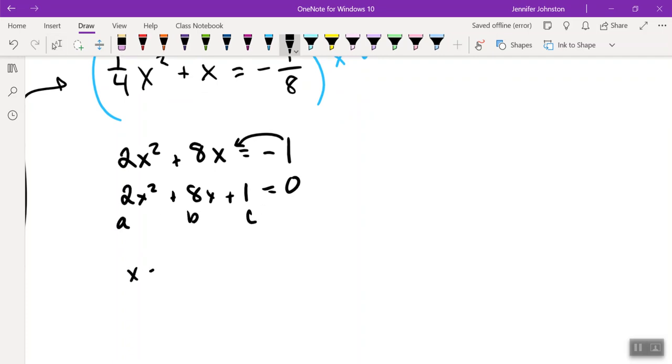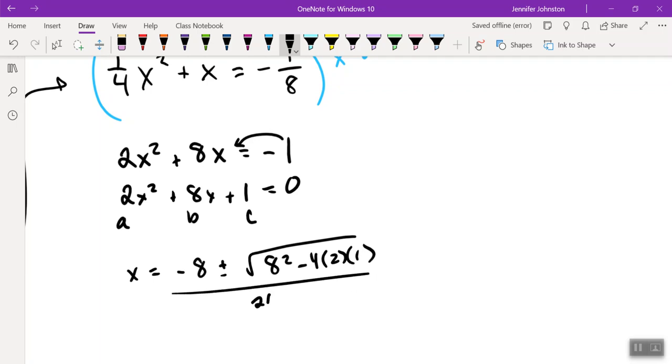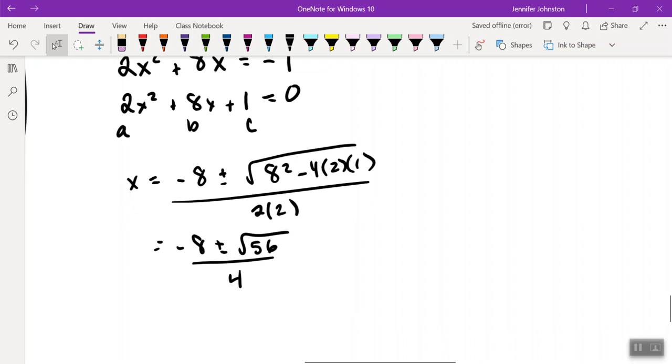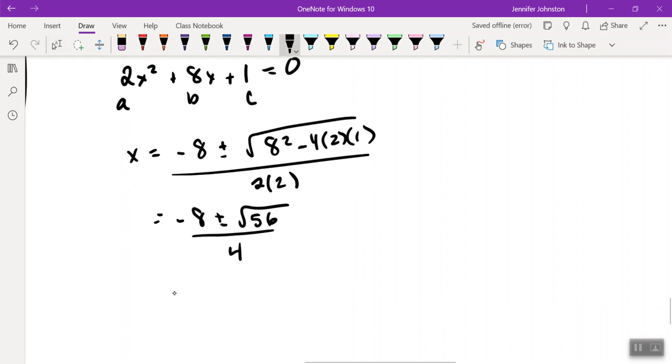So we've got x is equal to negative 8 plus or minus the square root of 8 squared subtract 4 times 2 times 1 all divided by 2 times 2. And this gives us negative 8 plus or minus the square root of 56. All right, 56 can reduce, and we get 2 square root of 14.